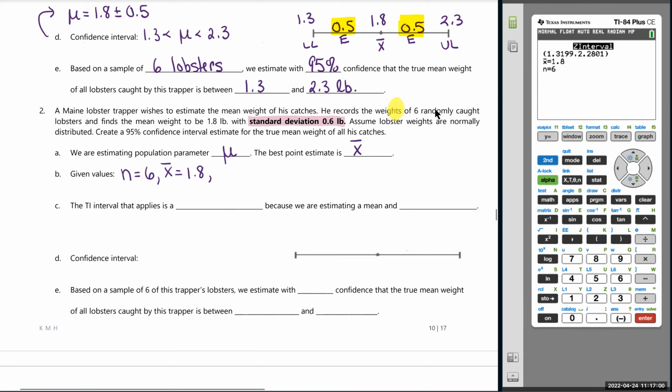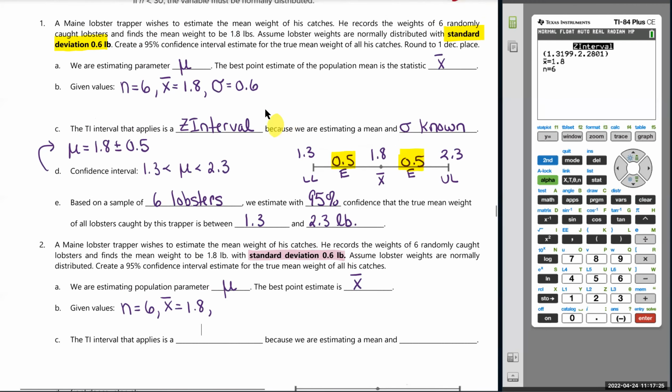So when you read that sentence, for these 6 lobsters, this was their mean, and this was the standard deviation. So that standard deviation isn't for all of the lobsters. It specifically says for these 6 lobsters, he finds this mean with this standard deviation. We are in the habit of always thinking standard deviation is sigma, because prior to chapter 7, we were often given sigma.